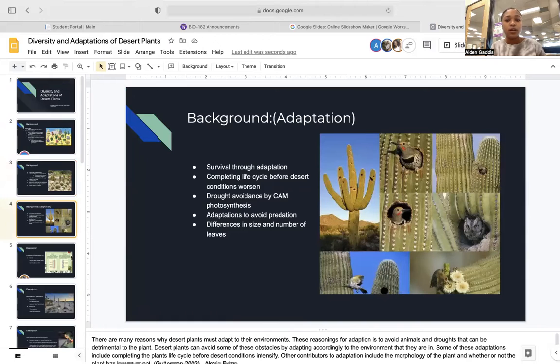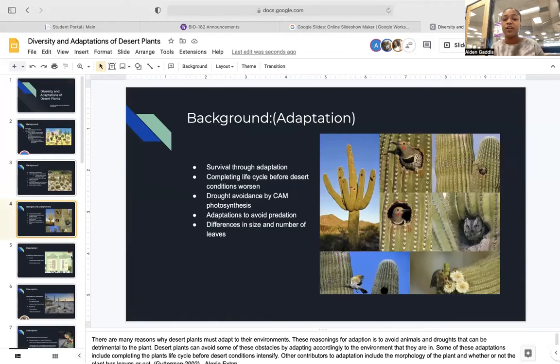And then we see that desert plants adapt differently than a lot of other plants. Ways that desert plants adapt is through CAM photosynthesis, which we will talk a little bit more about later on. And they also adapt to avoid predation.